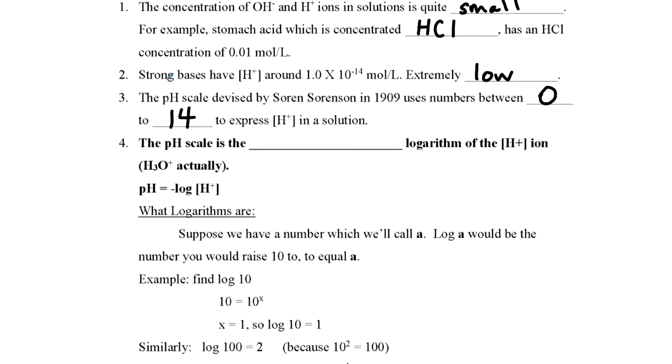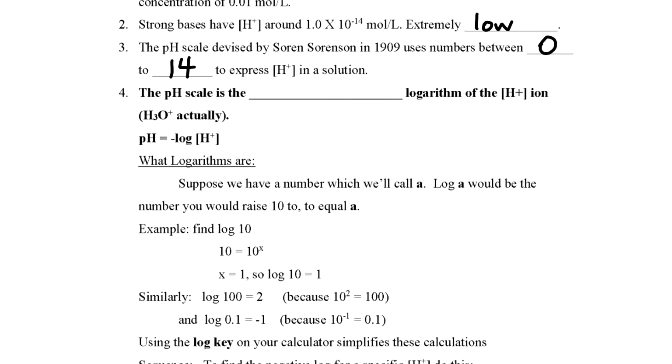So we can say a strong base has an extremely low hydrogen ion concentration, whereas at the other end of the scale, a pH of say 1 would have a high hydrogen ion concentration in solution. The pH scale is the negative logarithm of the hydrogen ion concentration.